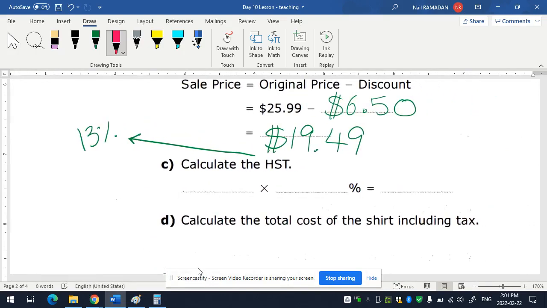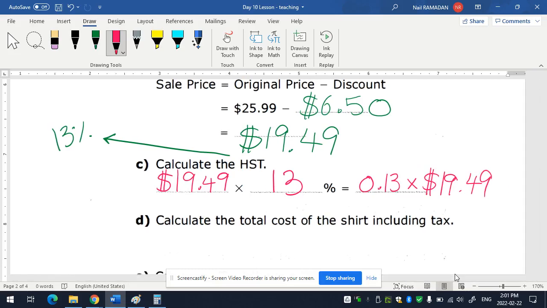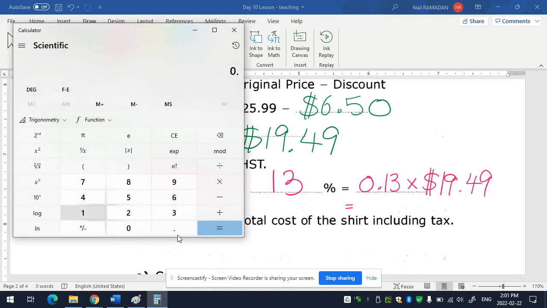They want you to write money times something percent. It really doesn't matter. Let's do it their way. Money times the 13%, which really is 0.13 times what? 19.49. Oh, this is going to go over the 20 for sure. This part only is equal to 0.13 times 19.49.